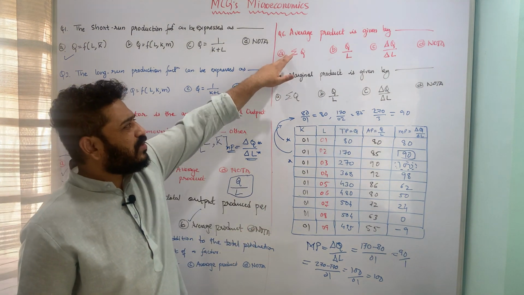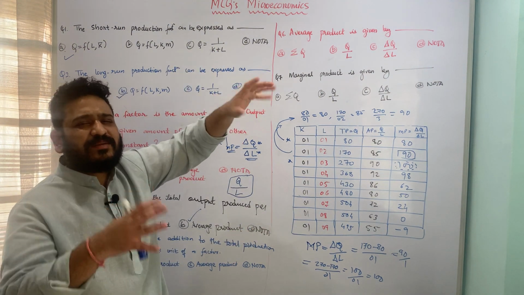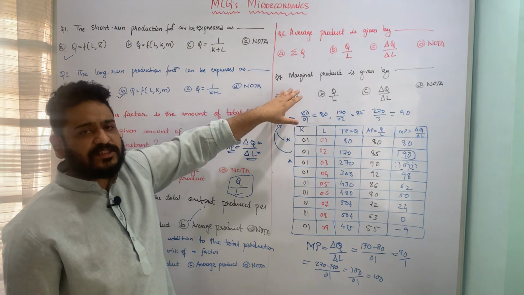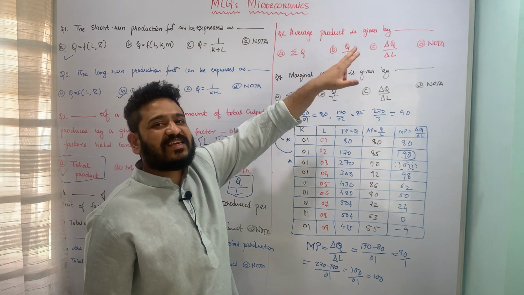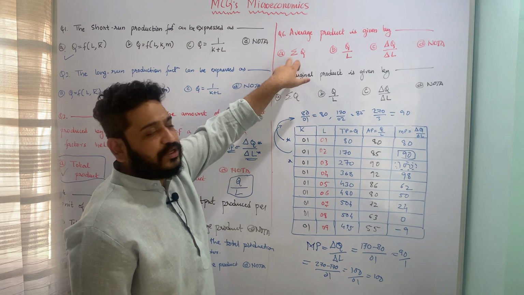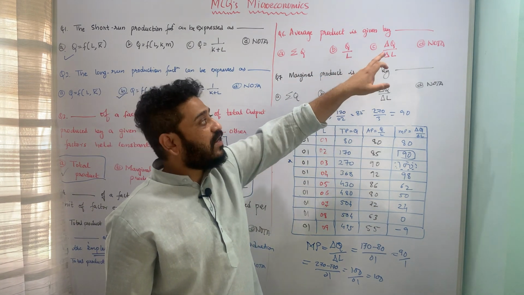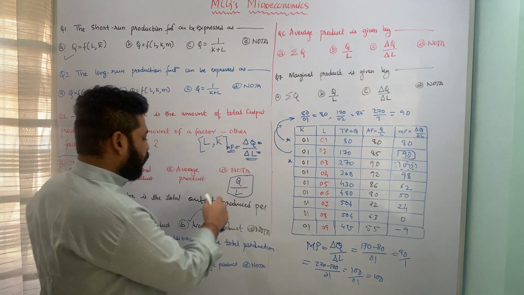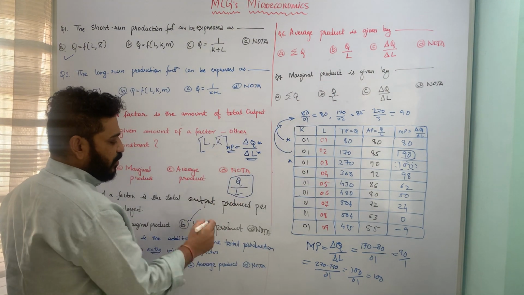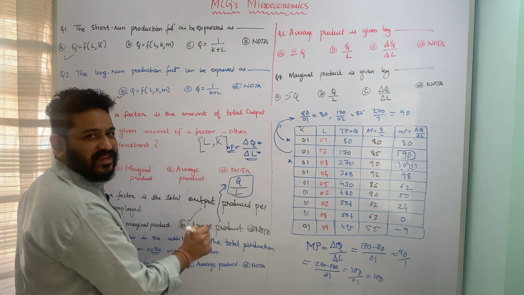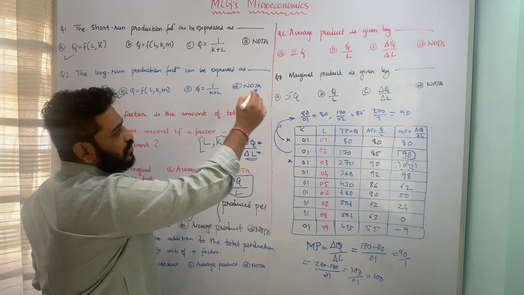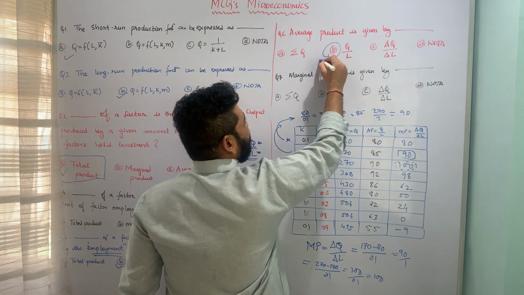Let us look at two important questions about the mathematical formulas for average product and marginal product. Average product is given by dash: summation of q by L, delta q by delta L, none of the above. I have already told you that average product is given by q by L. So option B, q by L, is the correct answer.